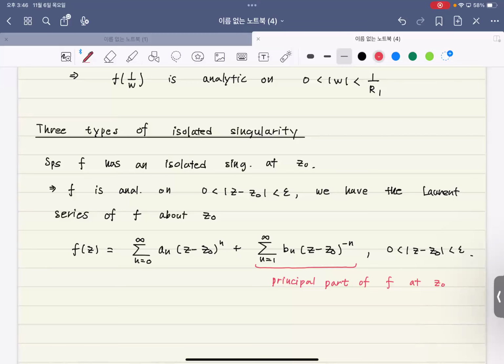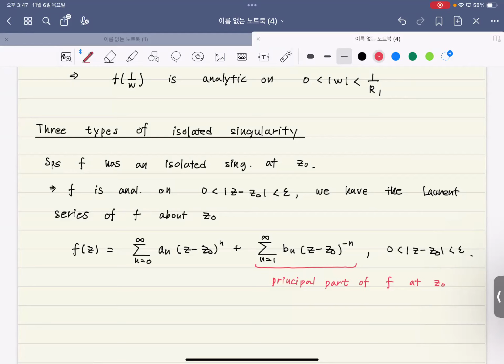Why is this called the principal part of f? Because this side is analytic, so this summation clearly represents some analytic function. But since we are interested in the behavior of f when z is very close to the singularity, this part has almost no effect when z is very close to z0.